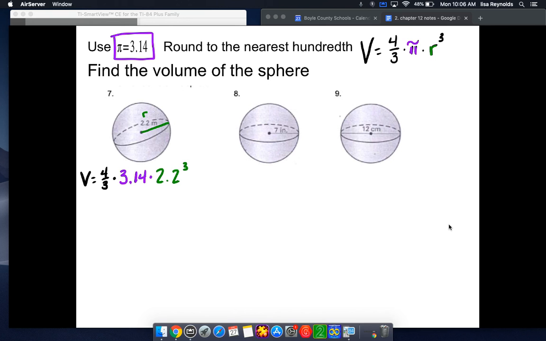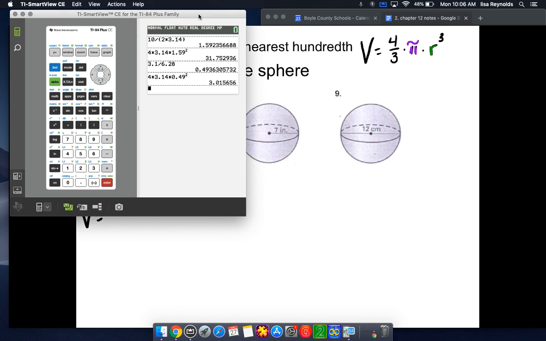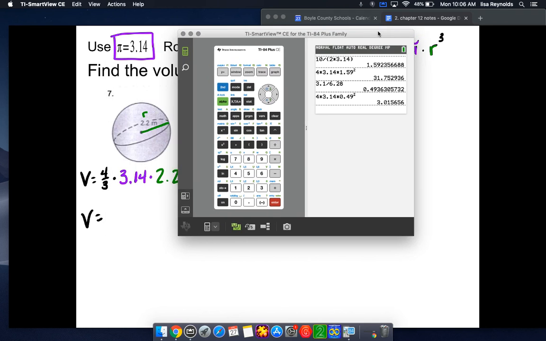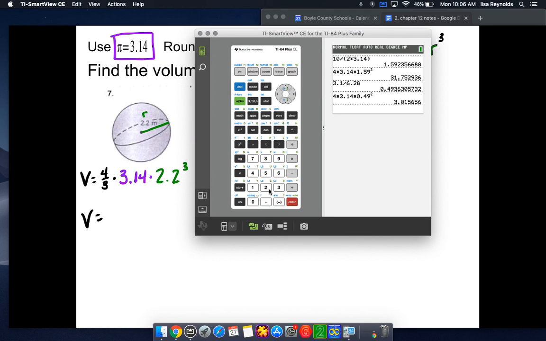Once we have all the numbers in the formula, it's just a matter of calculating. So this one is 4/3 times our value of pi times our radius value, and on my calculator I use the caret key to get the cubed.